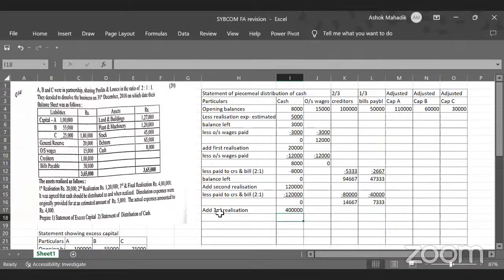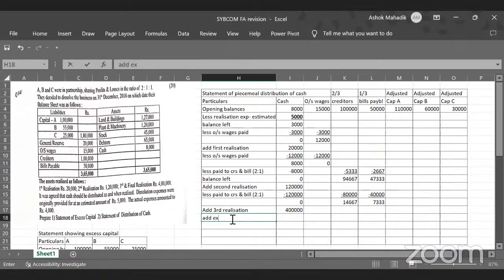Now one more thing you have to remember: in case of realization expenses or dissolution expenses, which is given in the sum as 5,000, in the last line they told us that the actual expenses amounted to rupees 4,000 only. So at the beginning, we had kept aside 5,000 for dissolution expenses, but actually only 4,000 was spent. So that 1,000 balance will be added in the last realization. So I'll add that.